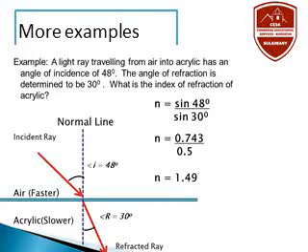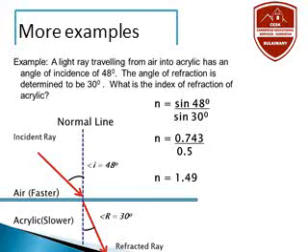This is the incident ray. Here in air, the light is faster than in acrylic. Acrylic is slower. Okay, in this case we have two substances, n1 equal to 1 already, because this is air.